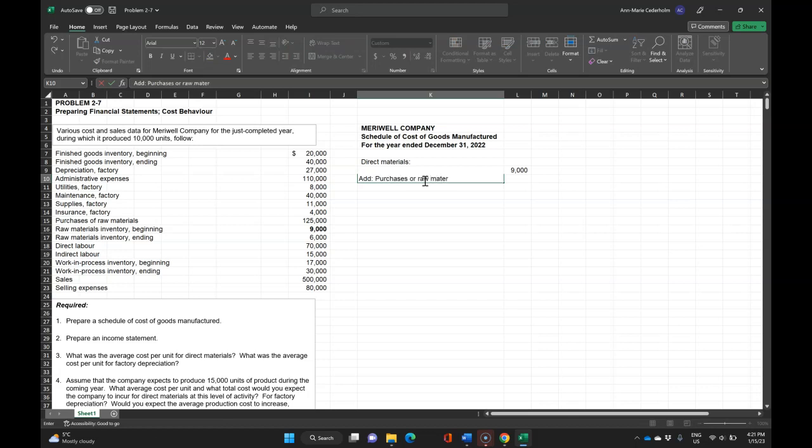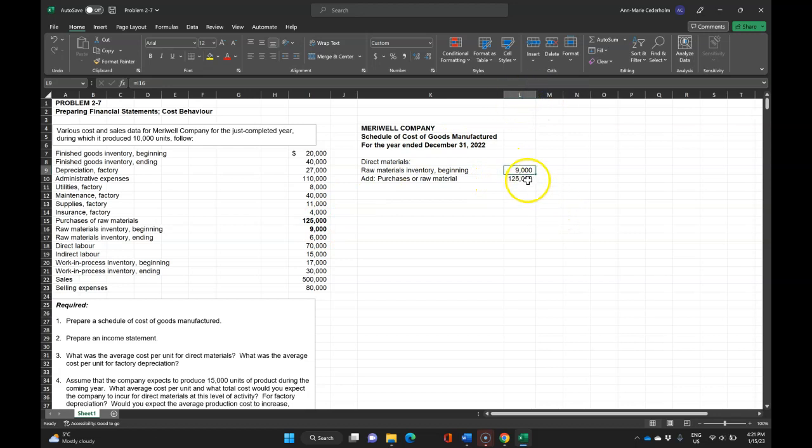So just imagine that we are in the T account for raw materials. I'm going to find my purchases here, and I see them right there, so that's 125. I just have to make the column bigger so I can see the number. And then add those two together, and that is what we have available.